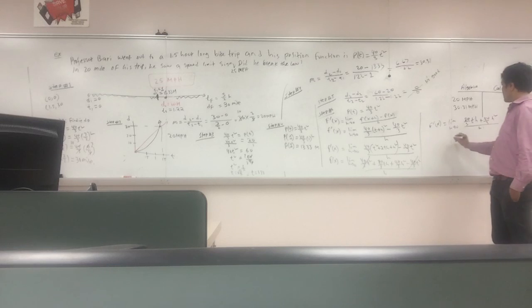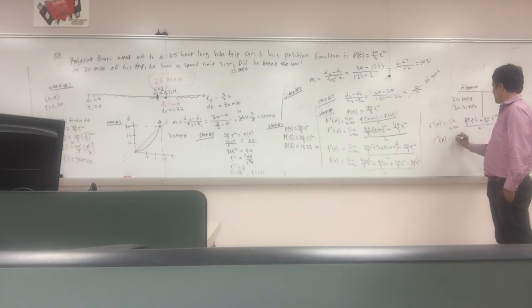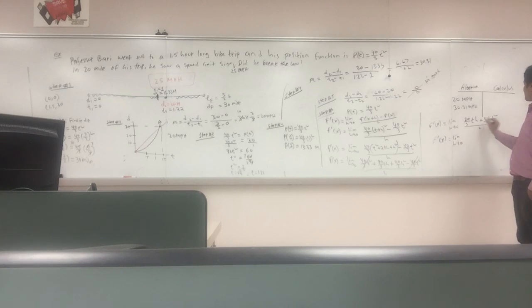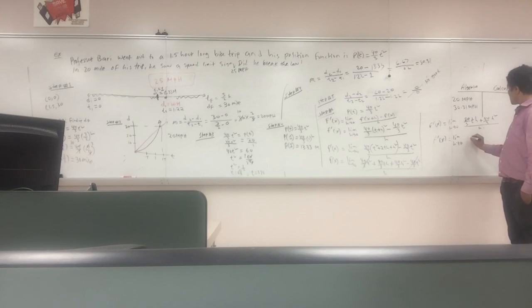Okay, so now f prime of x is equal to the limit as h goes to 0. There is an h, so we're going to factor out h. So h times (80 over 3 t plus 40 over 3 h), over h.